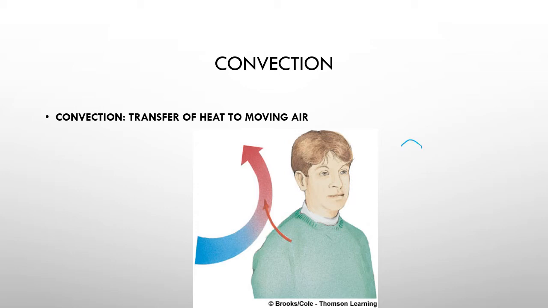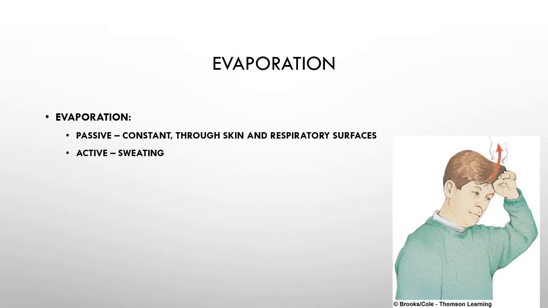If we were to put a fan up and blow wind towards a person as that fan is running, that's going to allow us to cool the person off. The cooler air that's moving past the body carries away the heat from the body with it. So we have convection transfer.